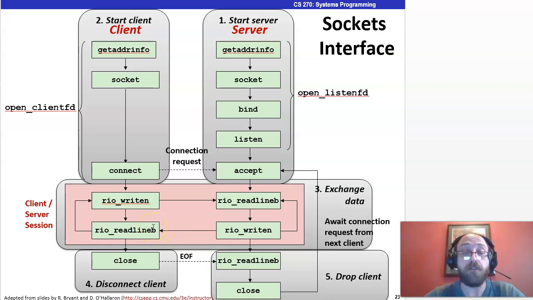These are provided for you in the csapp.c file. Those are the wrapper and other helper functions provided as part of the textbook. In an application that's not using those, you might use the write system call and the read system call, for example. These versions give you a little more flexibility, handle some of the things for you, so that you don't have to worry about all of the details.